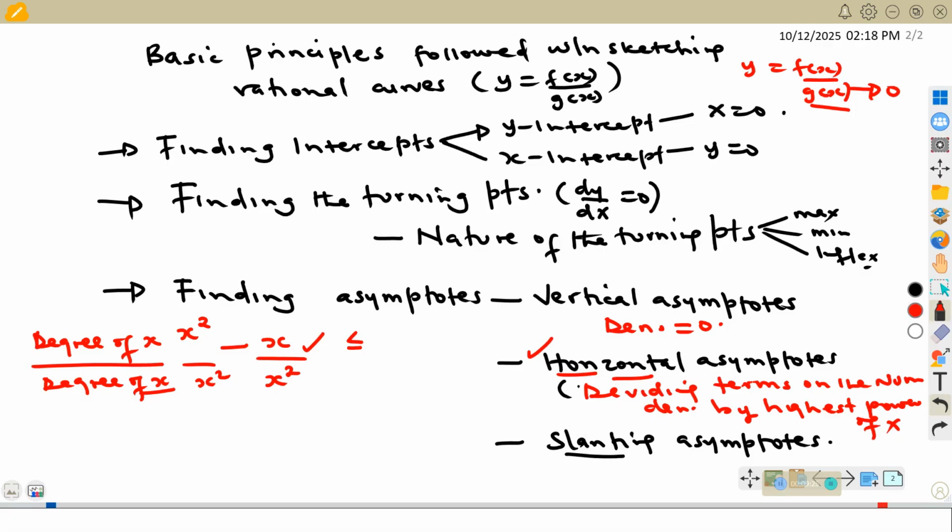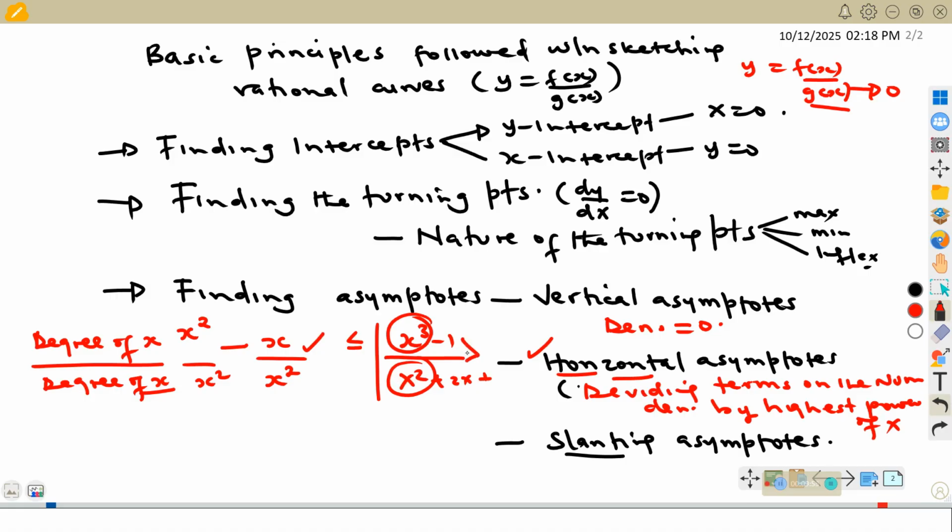Meaning the slanting asymptotes exist when the power of x in the numerator is greater than the power of x in the denominator. For example, in the numerator you can have an expression like x cubed minus 1, and in the denominator something like x squared plus 2x plus something. You realize that the degree of x in the numerator is greater than the degree of x in the denominator.